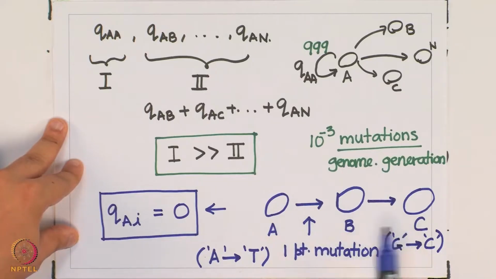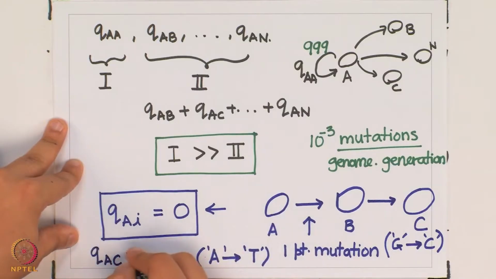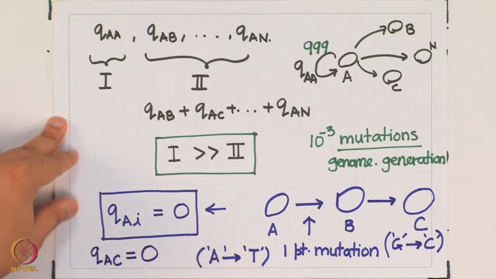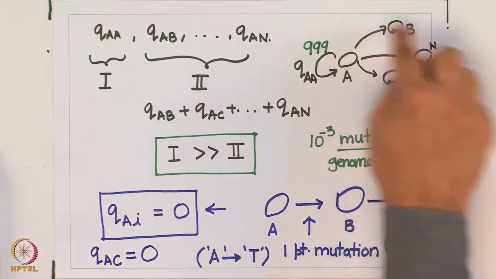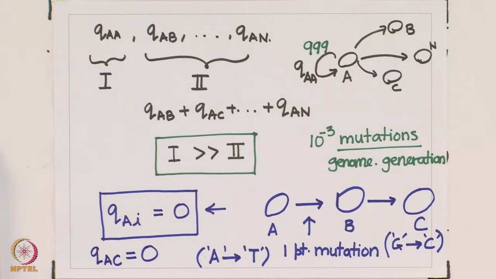To lead to C, A has to go via B. It has to first lead to change of an A to a T at one location, and then at another location on the chromosome, G has to change to C so that genotype C is produced. Hence, what that implies in this example is that Q_AC is equal to 0. And you might have several more quantities which are 0 depending on what are the precise mutations that link each of the n genotypes that we are discussing.